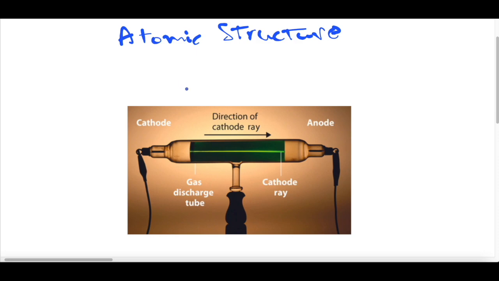form of matter. Here we have an experiment that is called the gas discharge tube.